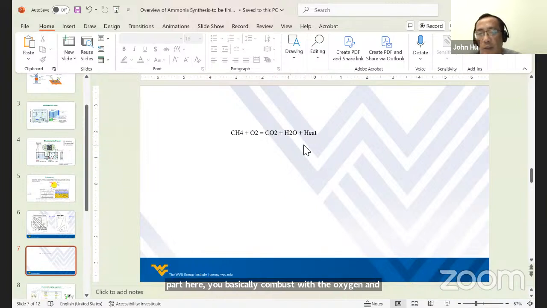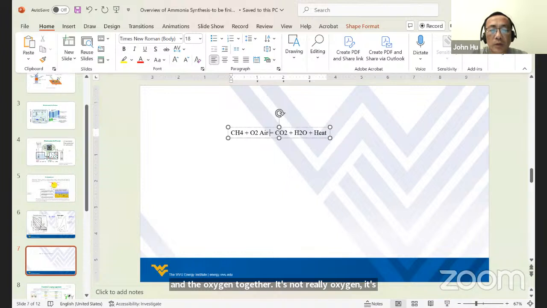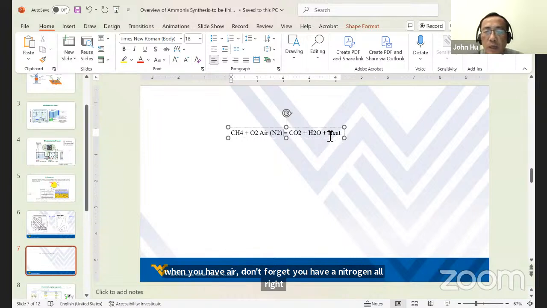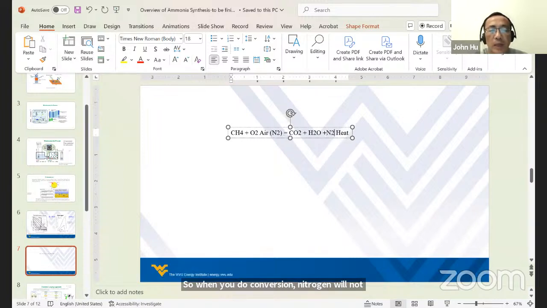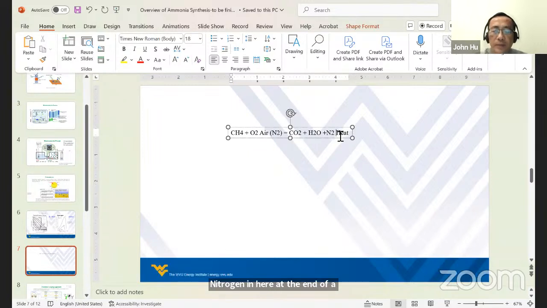It is heat you need, but the problem is that in conventional combustion, you mix the methane and the oxygen together. It's not really oxygen; it's air. When you have air, don't forget you have nitrogen. When you do combustion, nitrogen will not be combusted. So you have the nitrogen here at the end of the reaction, plus heat.